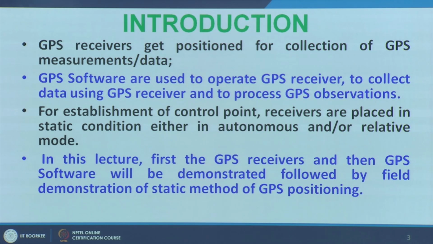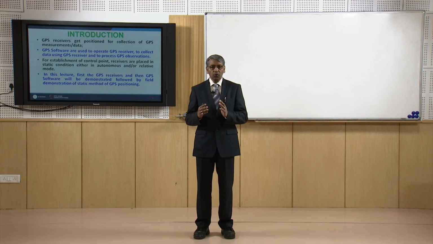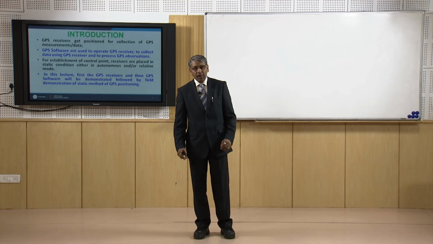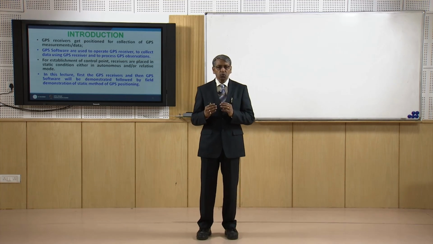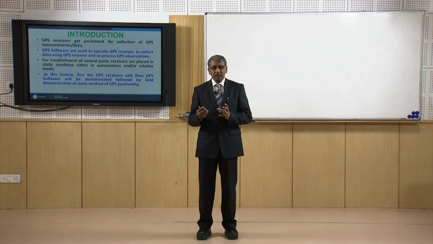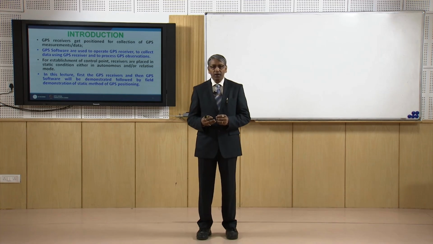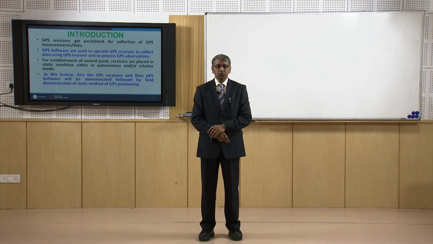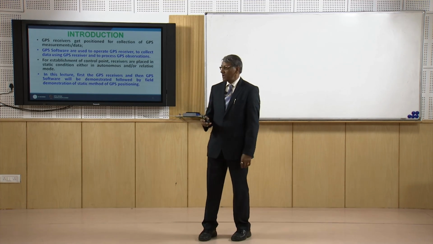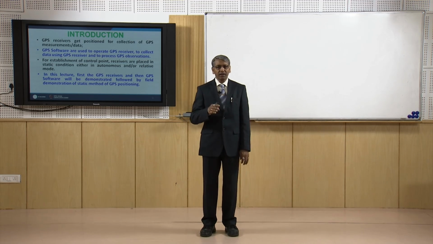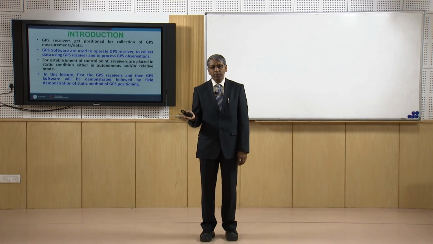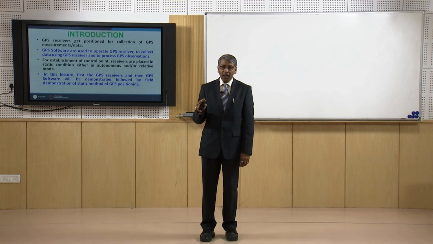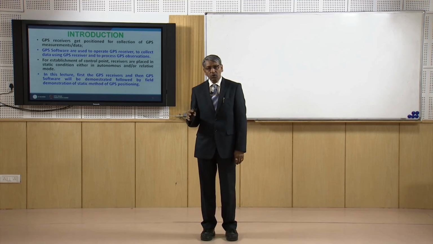Now, as we already know, GPS receivers are placed at the point for which we want to establish the control point. After setting up the instrument, it is the software placed inside the receiver that will be used for doing the different operations for receiving the data, and subsequently that data will be downloaded to an office computer using again some software, and the data will be processed also using some software.